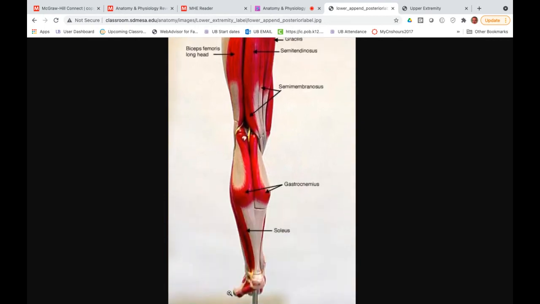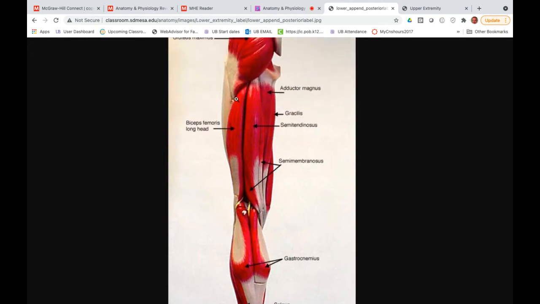There's one on the lateral side, which is the biceps femoris, and then there's 2 on the medial side of the thigh, and those are the semisisters, the semitendinosus and semimembranosus. The semitendinosus, semimembranosus, and biceps femoris, those are the 3 hamstrings. 2 on the medial side, the semisisters, 1 on the lateral side, the biceps femoris.